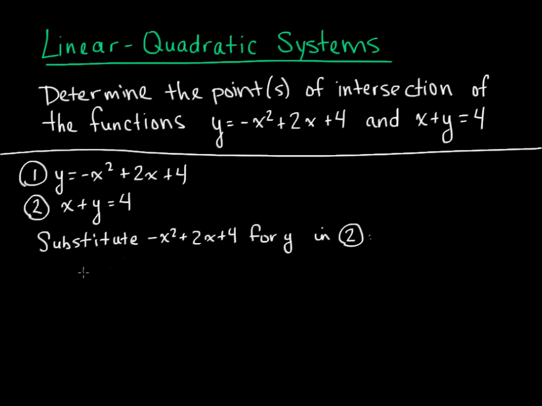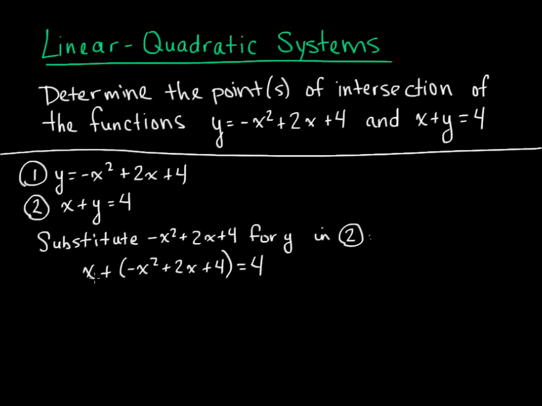And so we've got x plus, and then in place of y, we're going to substitute negative x squared plus 2x plus 4, and then equals 4. Now we have an equation that we can solve for x because by making that substitution, we now only have one variable in this equation.